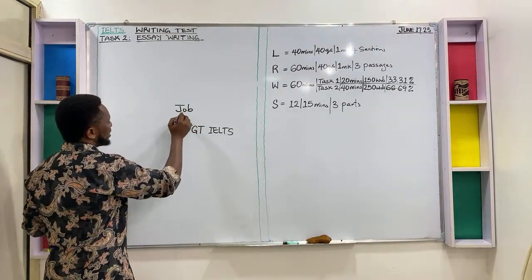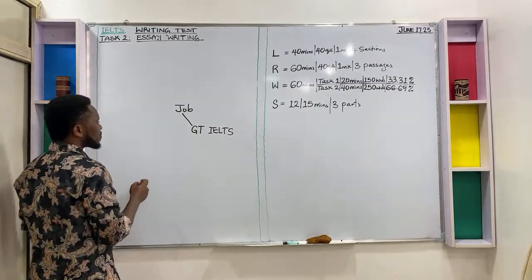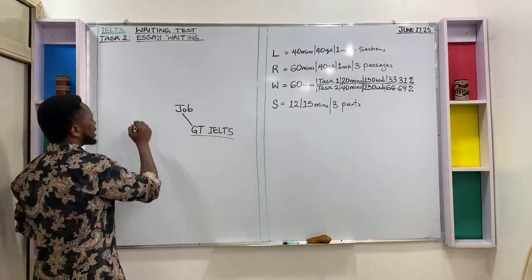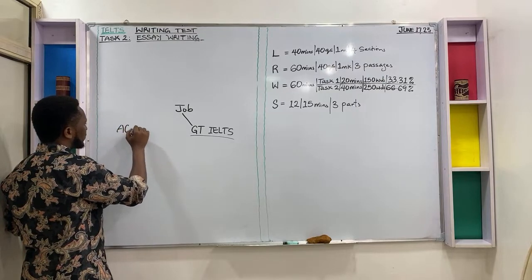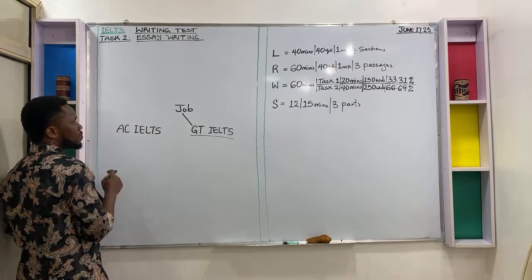But if you are a nurse, you want to work as a nurse, maybe in the UK, for instance, you won't be writing the general training. You'll be writing the academic IELTS for your nursing job application.